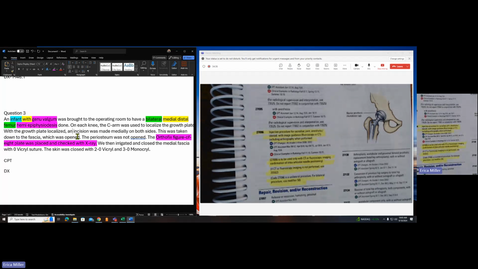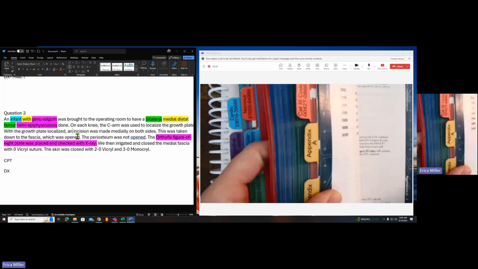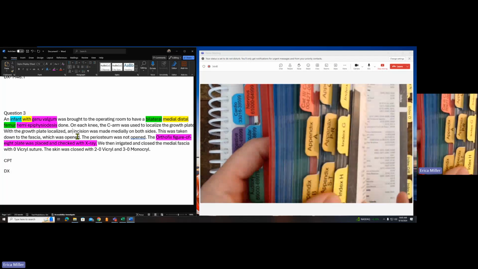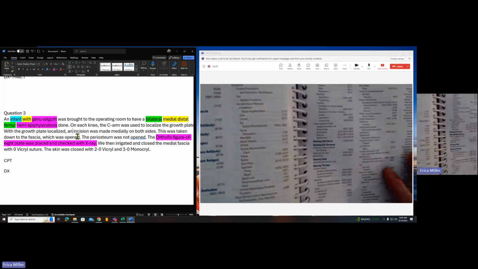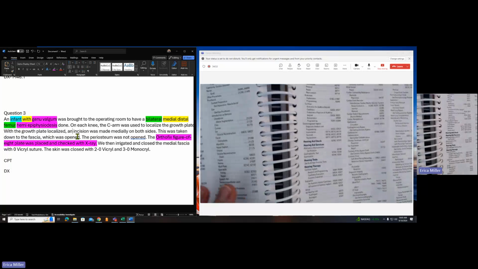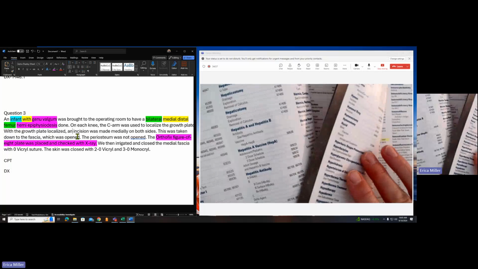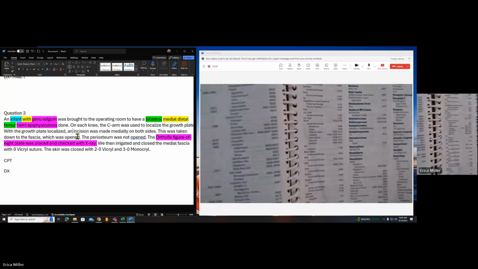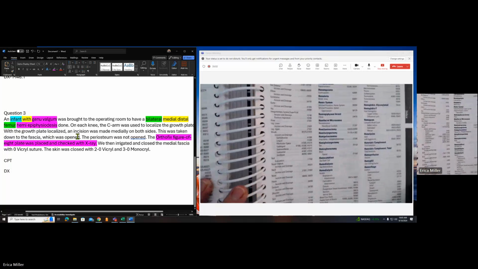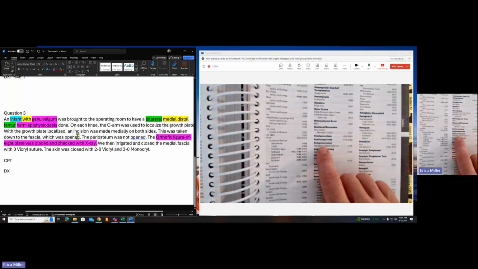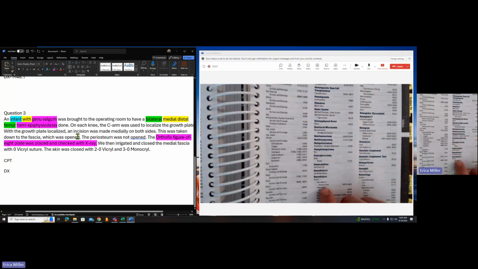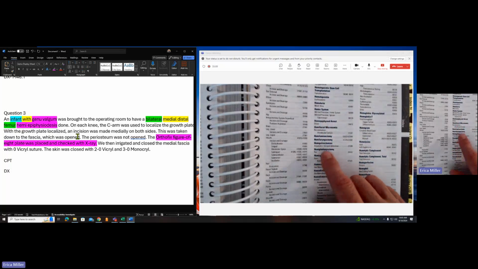All right, so I'm already inside of my CPT manual, so I'm going to start there. I was thinking about the word hemi versus the word epiphysiodesis. When I went over to hemi, I didn't find anything representative of hemiepiphysiodesis.